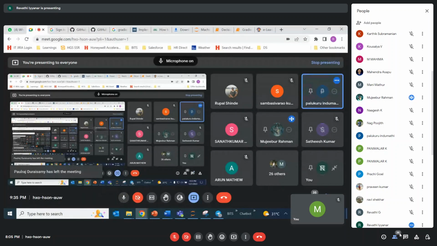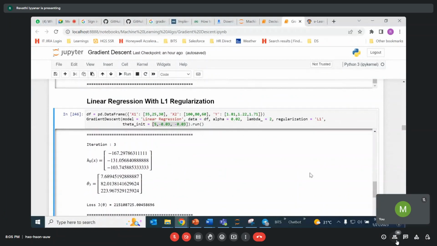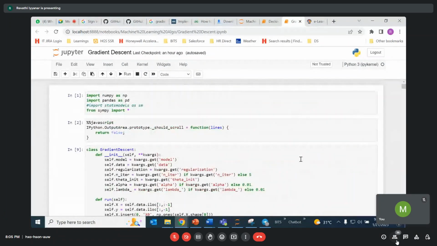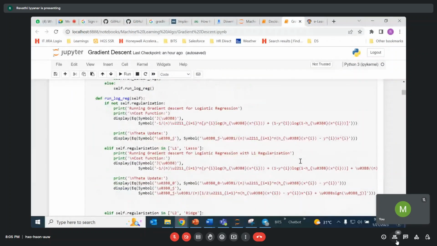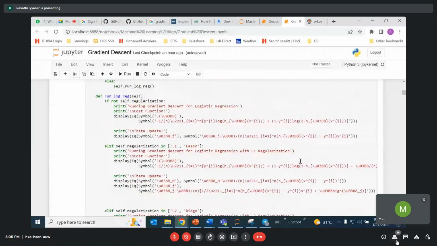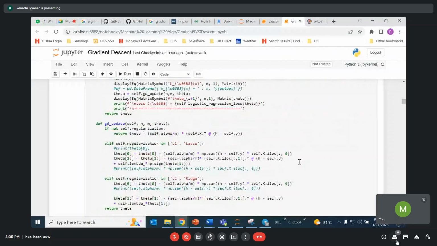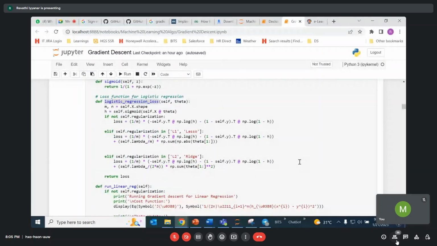In case the cost function is changed, can we somehow modify it in the main code? Let's take this example itself, where they modified the cost function. How can we incorporate it in the code? It's same only. The cost function is same for linear regression.